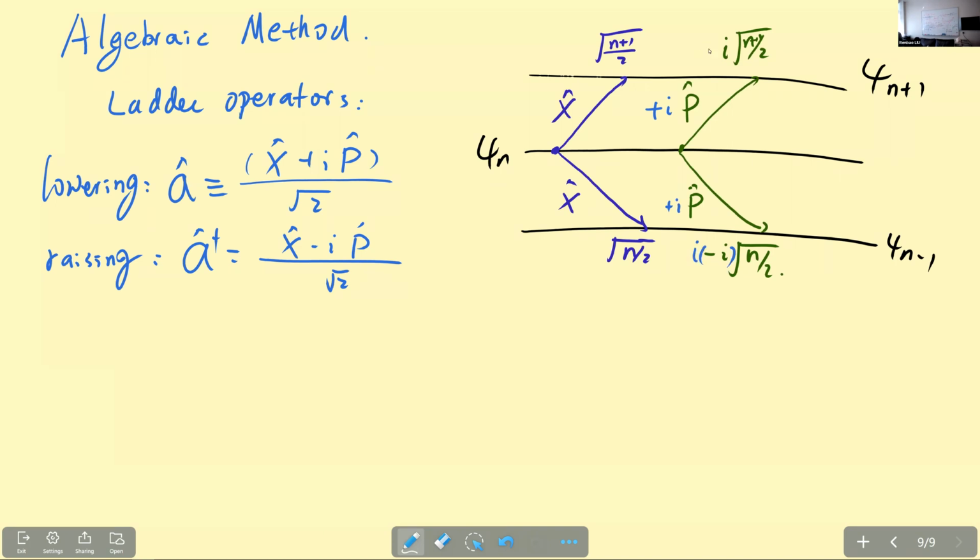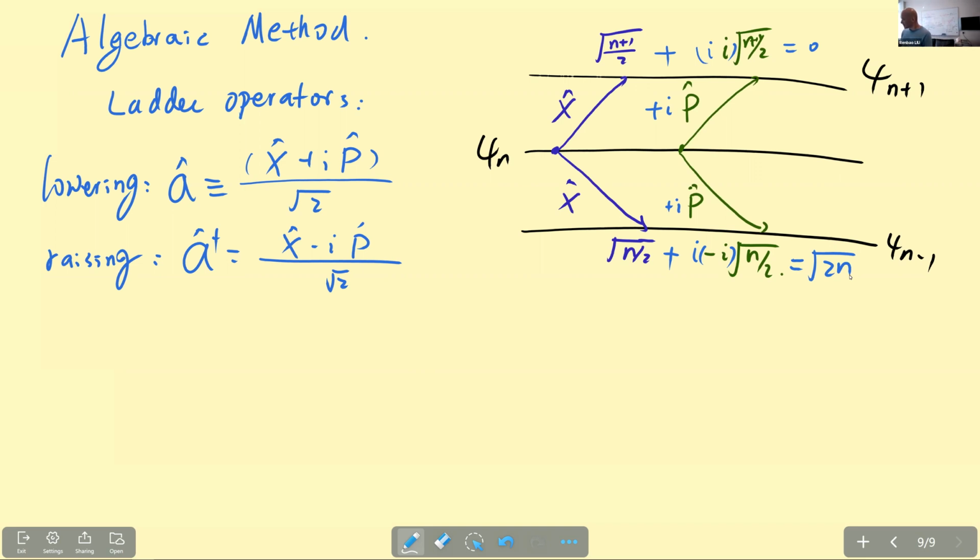So for x plus iP, the result is this term plus this term, which equals 0 for the upper state, and for the lower state it just gives square root of 2m.